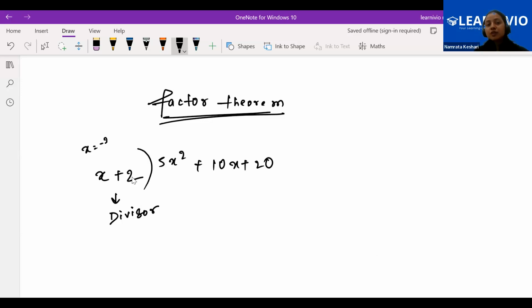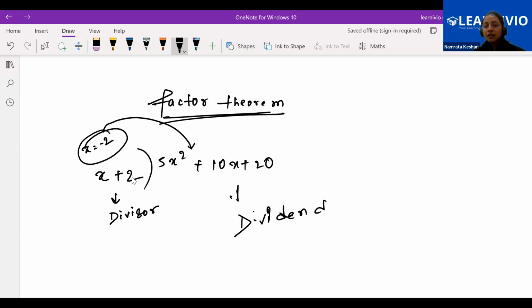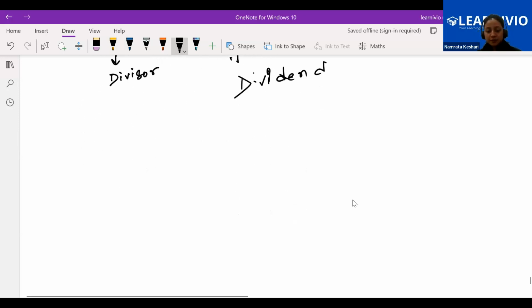X equals to minus 2 will be the zero of the divisor, and when we substitute this x value which we got as a zero in the dividend, then whatever we are getting as the final value, that is called the remainder. So by using this concept, few questions are there. Let's do it.